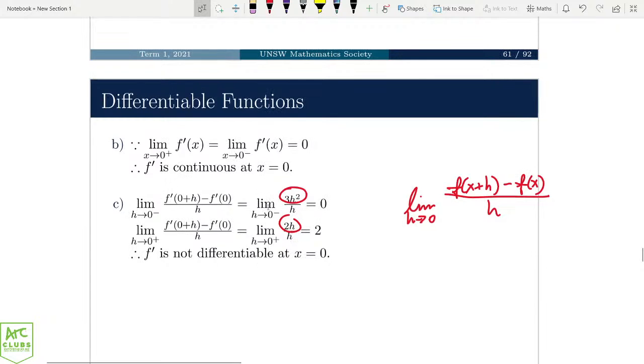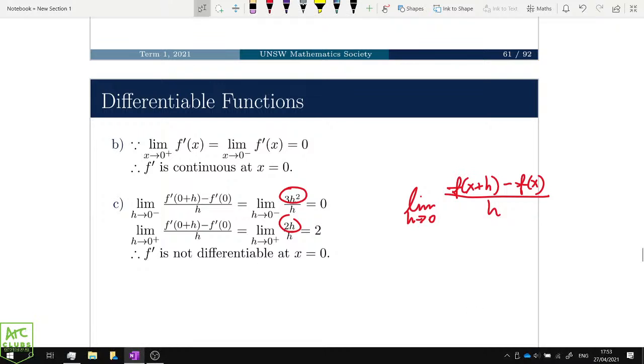On the left-hand side, we use the function 3x squared, which we substitute h into to get 3h squared. And on the right-hand side, we're dealing with the function 2x, so we substitute h into that to get 2h. As our h approaches 0, our first limit becomes 0.